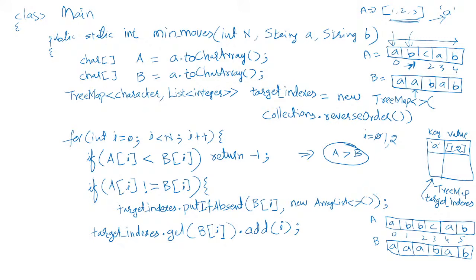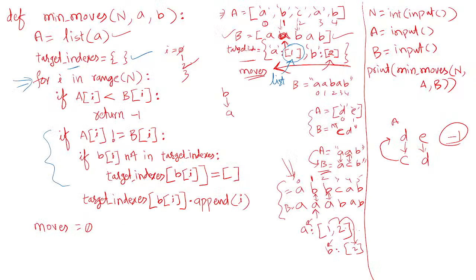Right. Now, once you process like this, next the key B will be stored and its array list will be present in this. So next key will be B here, so its index will become 2 here. That's it. No more. A and B are already there, nothing will be added because these are the same matching characters. Then this is not executed, then the loop terminates. The same we did in Python also.